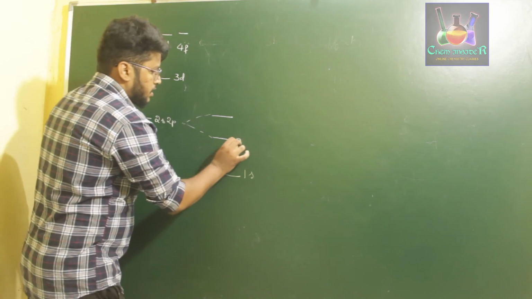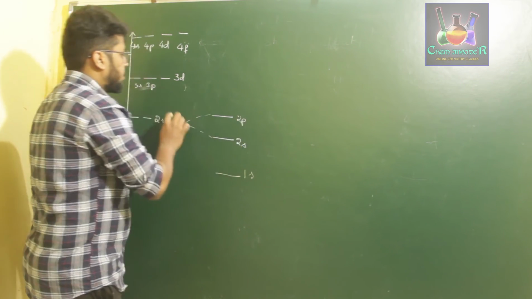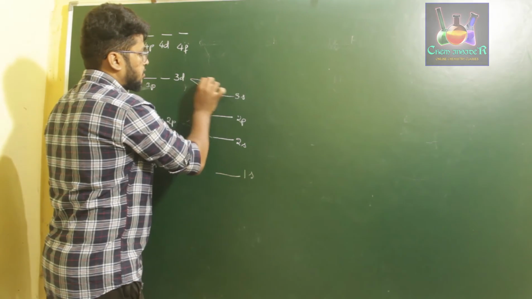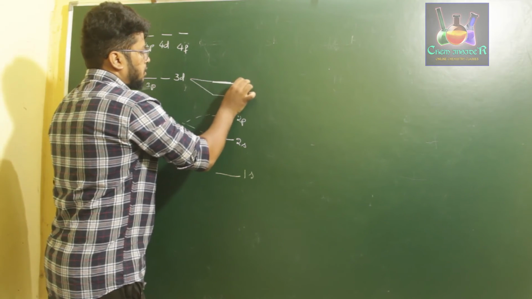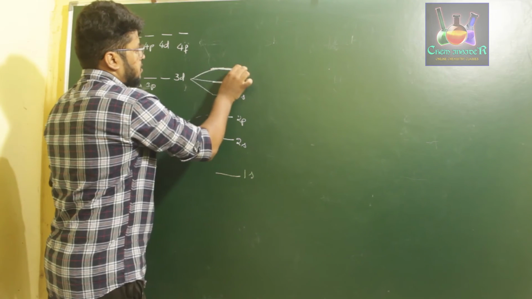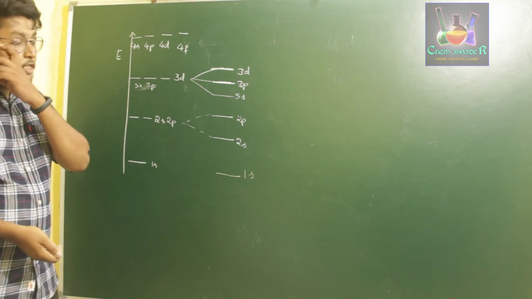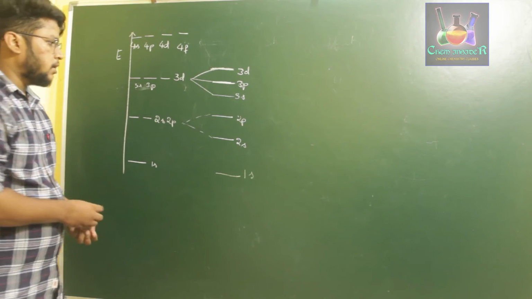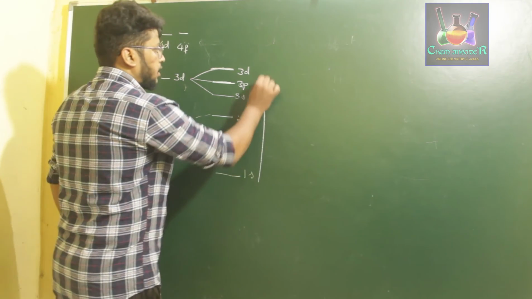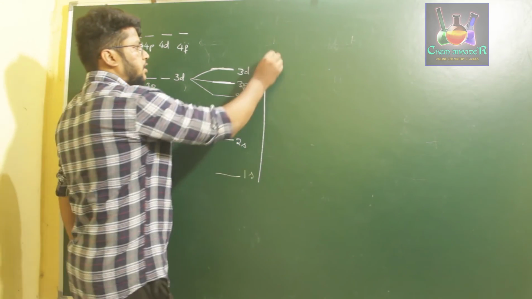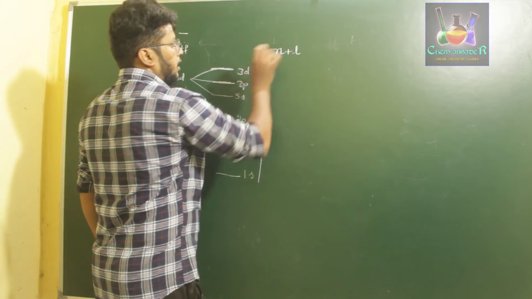So 2s, 2p. Similarly, we have 3s, 3p, 3d. Now, if you use both the principal quantum number and the azimuthal quantum number, we clearly have different energy levels, which is nothing but the value of n and L.